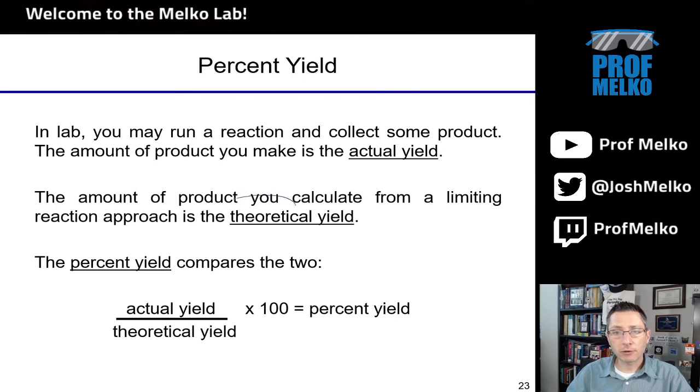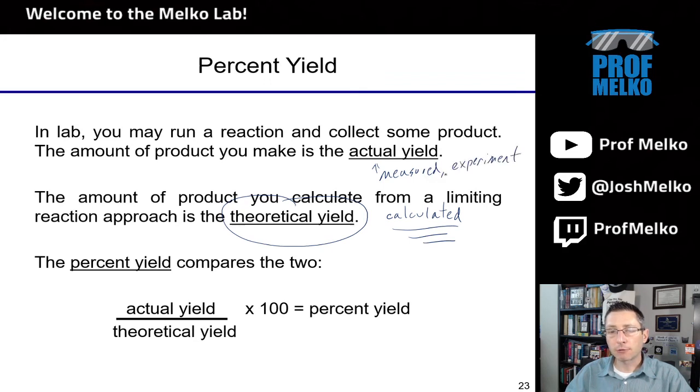The theoretical yield here is what we just calculated. So when you're thinking about theoretical yield, this is usually what you're calculating, right? You're doing the math to figure out how much should I make in this limiting reactant approach. The actual yield, you'll see words like what you measured or experiment.